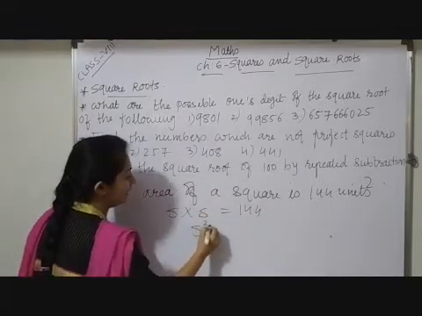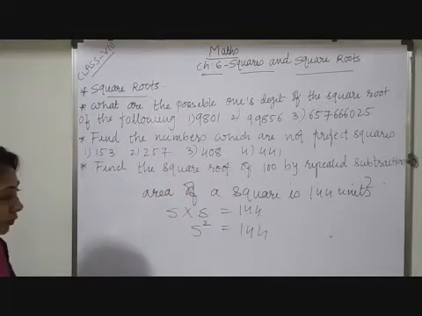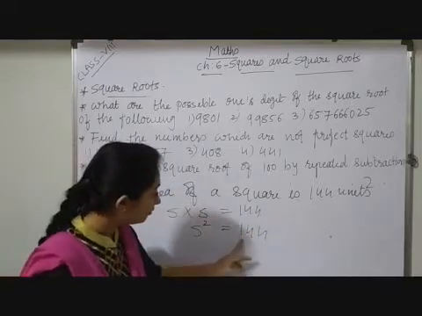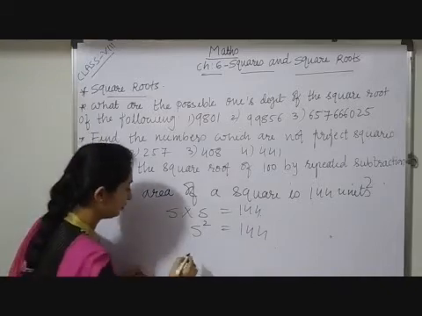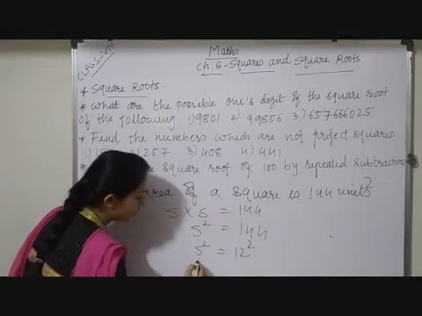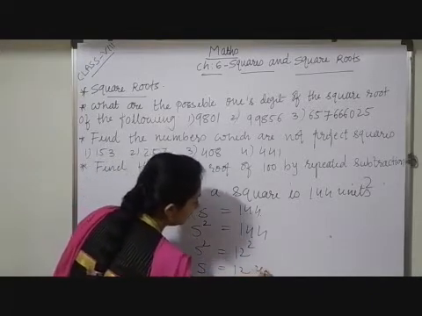So I can write s square equals 144. Now I have to find a number whose square is 144. We know that 12 12s are 144. So s square equals 12 square, the square and the root cancel out, so the side will be 12 units.